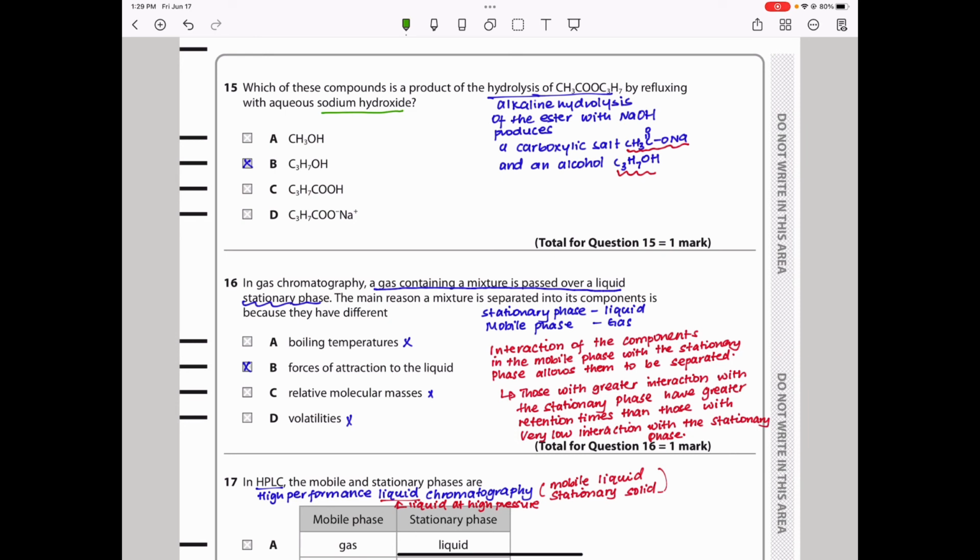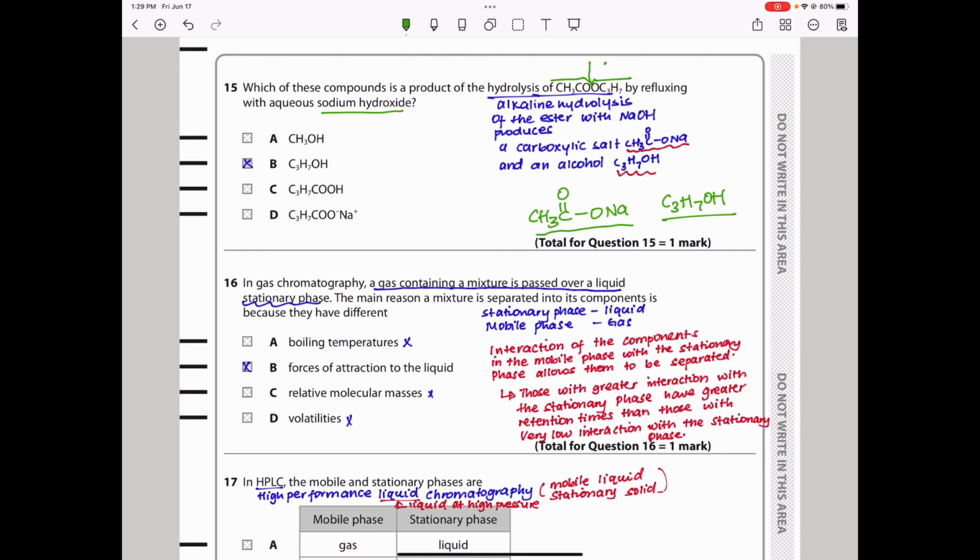We break it from here. That part forms the alcohol, and this part is going to form the carboxylic salt. The possible carboxylic salt should be that attached to sodium, because you use sodium hydroxide, and the possible alcohol part should be C3H7OH. So these are the two possible things that we should see.